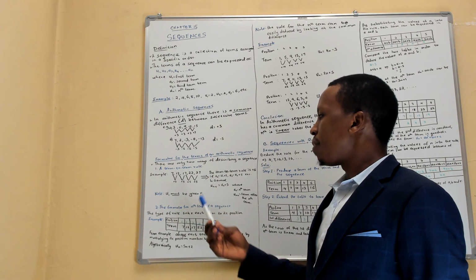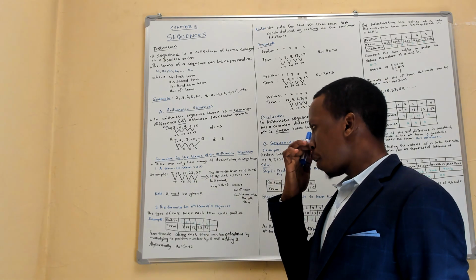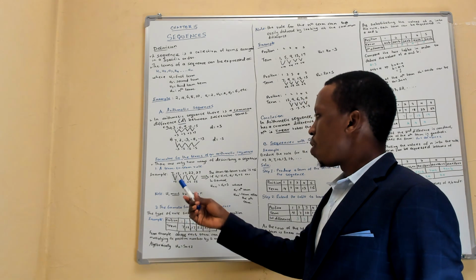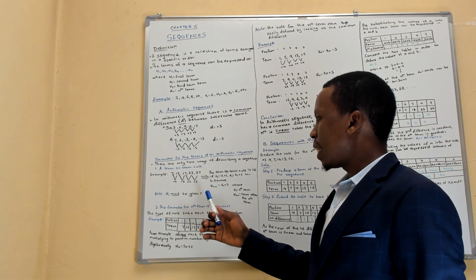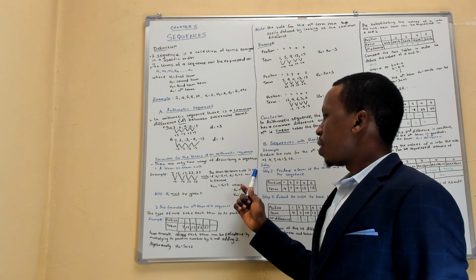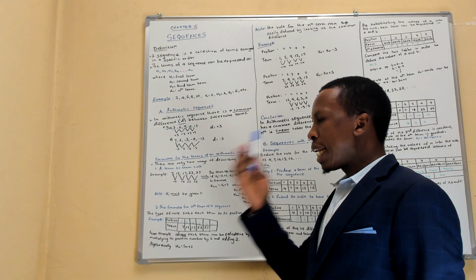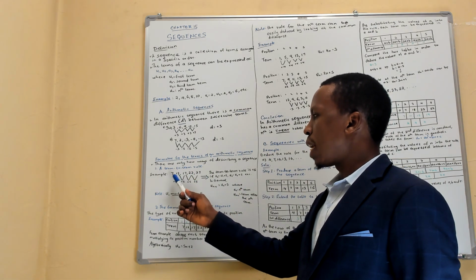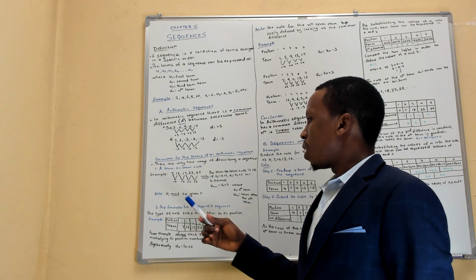So the common difference here is positive 5. The term-to-term rule for this particular sequence is +5. In other words, I'm adding 5 to the previous value to get the next value.